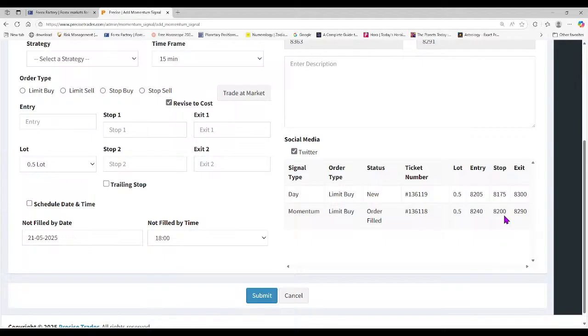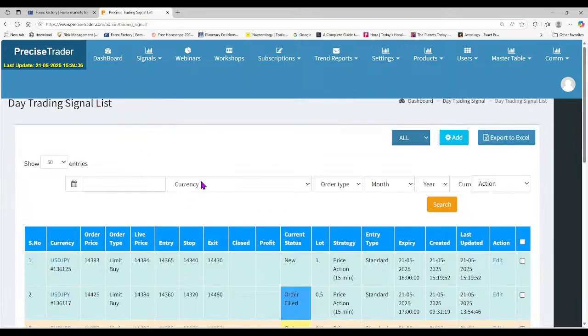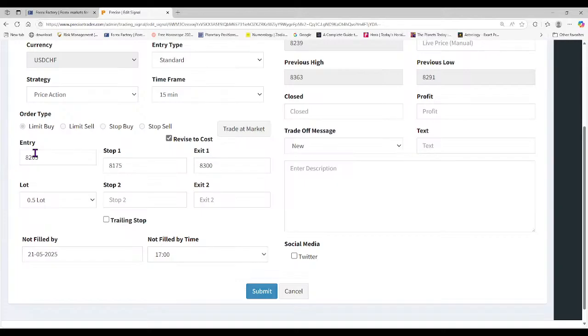Okay, we earlier entered at 82.40. We have a buying entry at 82.05 on the day. Maybe we can change that, then we don't have to have too many trades in place. So here we are going to change the day trading to 82.25, 81.98 or 95, and this is 82.65, and now we change to one lot.